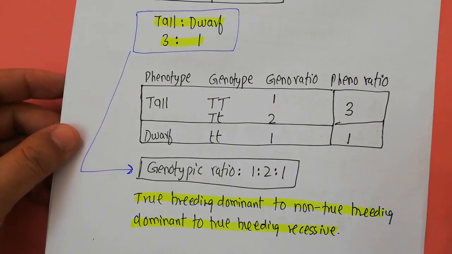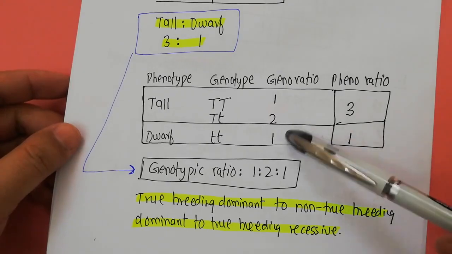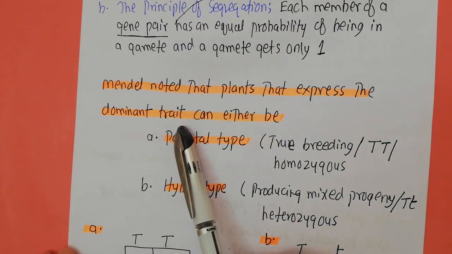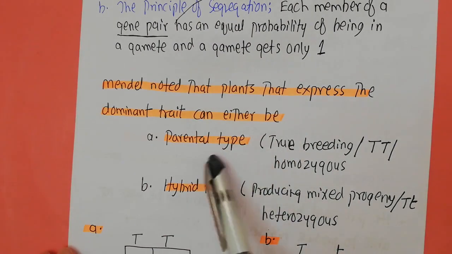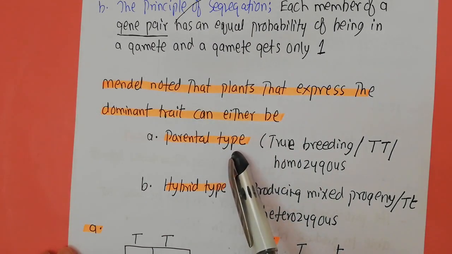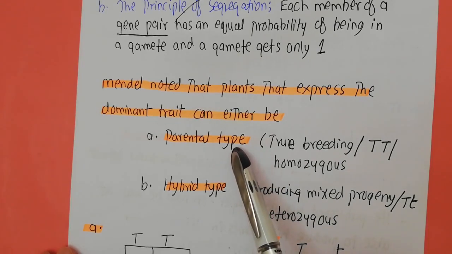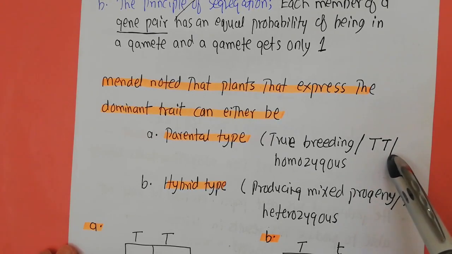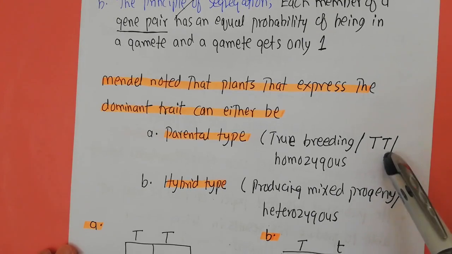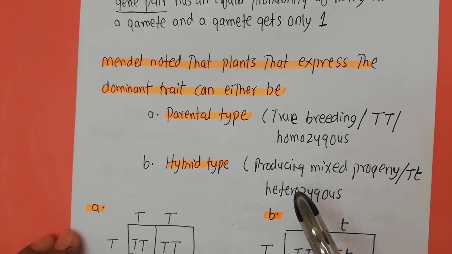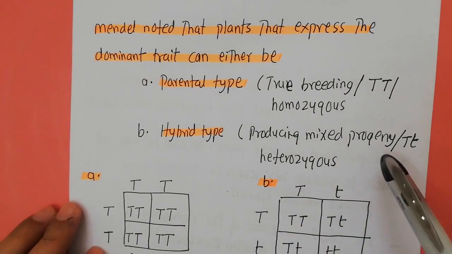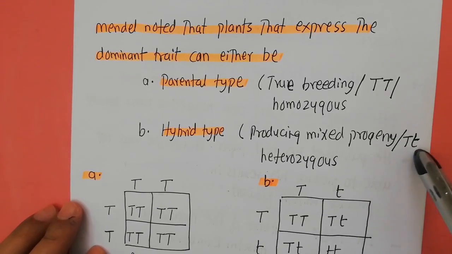Seeing this, Mendel noted that the plants expressing the dominant trait in the F2 generation can either be of the parental type, meaning the tall plant is homozygous in nature, with both alleles being capital T and capital T, or they were the hybrid type, meaning the genotype of this plant was capital T and small t.